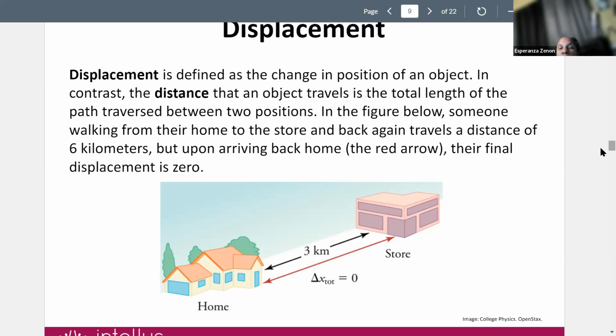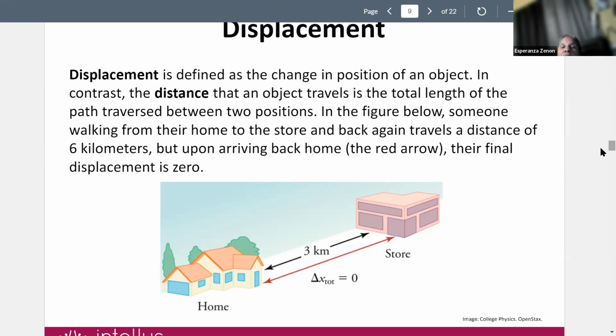So if you move an object in a straight line and you move away from your starting point or your origin, and that's it, then the size of your distance and the size of your displacement will be the same, right? Straight line motion, the size of the distance and displacement are the same.